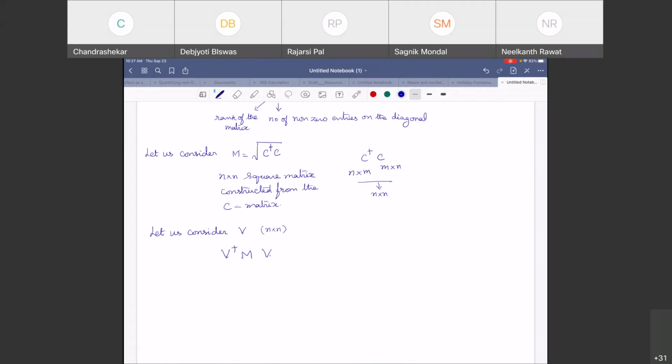So we write V dagger M V, and this we can write as V dagger C dagger C times V, and that will be equal to some diagonal matrix. And again, this diagonal matrix will be N by N.